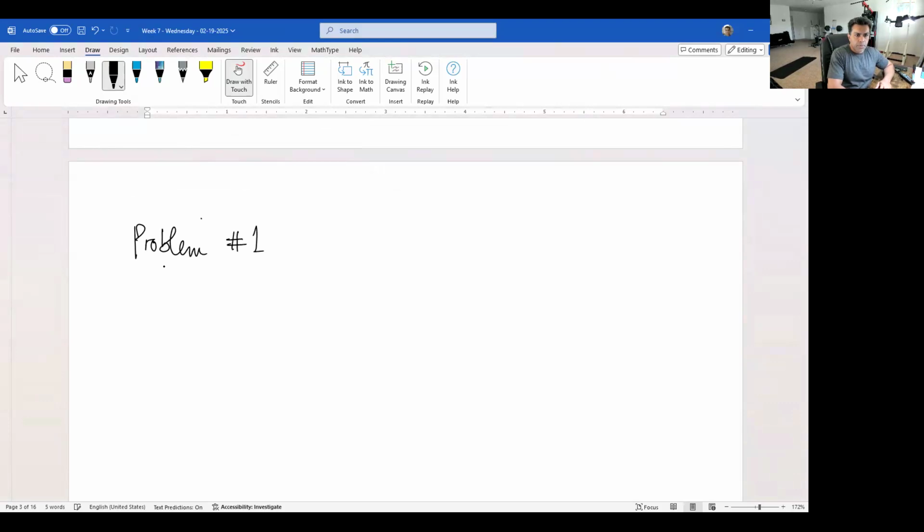Problem number 1. Let me take help from my older problem. R is 6, L is 7, and C is 1/42.